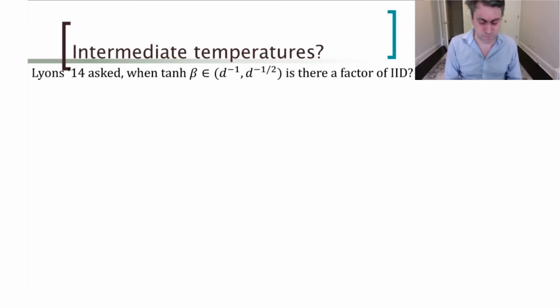And yes, as I was saying, this is a problem that was the very first question I was asked at the beginning of my postdoc, and I've been thinking about it since then. So before I tell you our results, I want to tell you a series of failed attempts which lead towards the final result that we have.